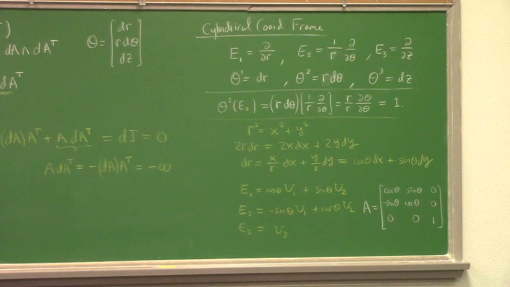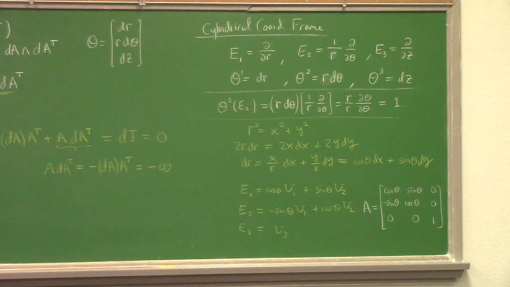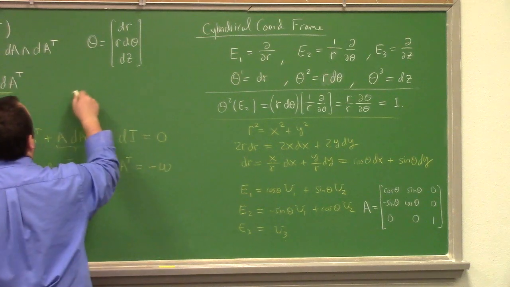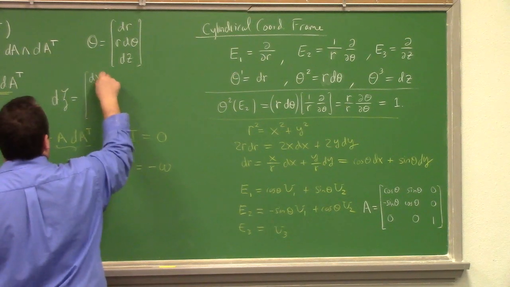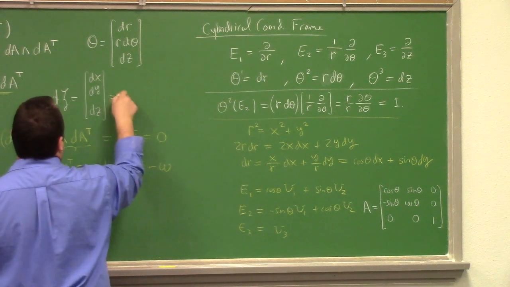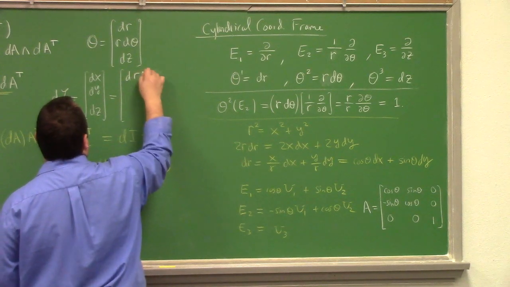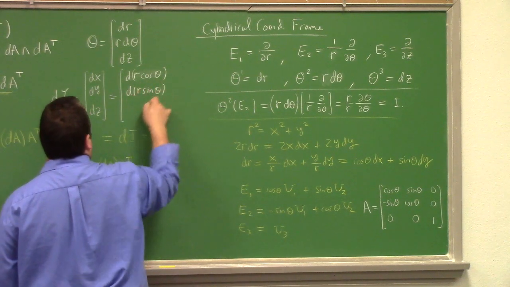And okay, does that check with a d zeta? What does d zeta mean in this context here? So dx, dy, dz, right? So in this context, that would mean d of r cosine theta, d of r sine theta, well, dz.